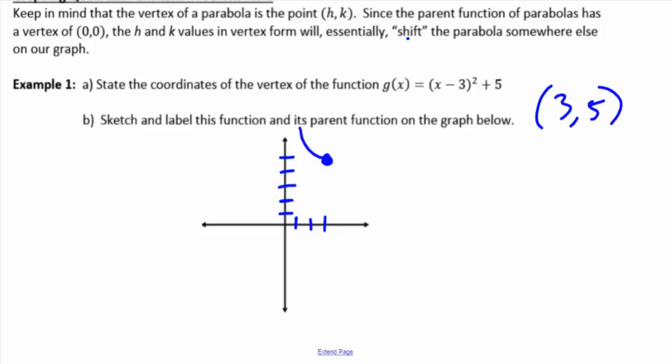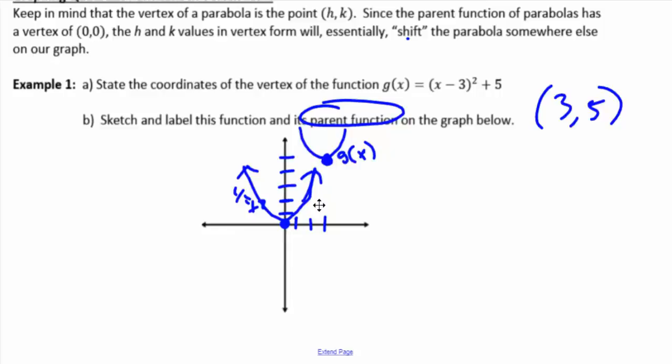Now the parent function is y equals x squared. We already talked about y equals x squared. Right there, it intersects at 0, 0. So you see how our parent function is always going to be y equals x squared, and we'll label that y equals x squared, and then label this one g of x. I'll just label it g of x.